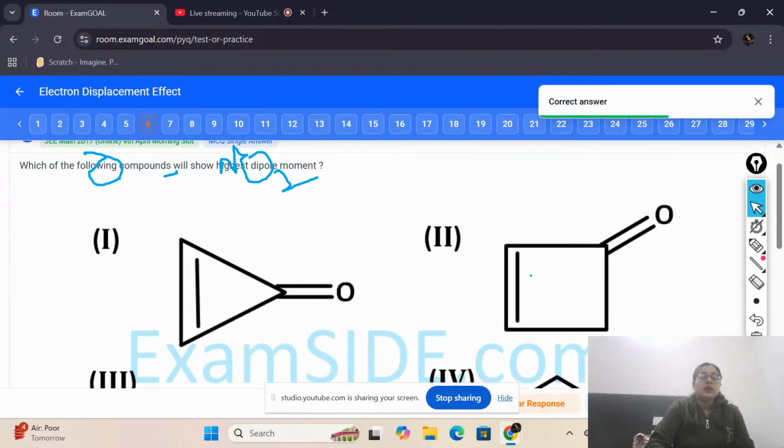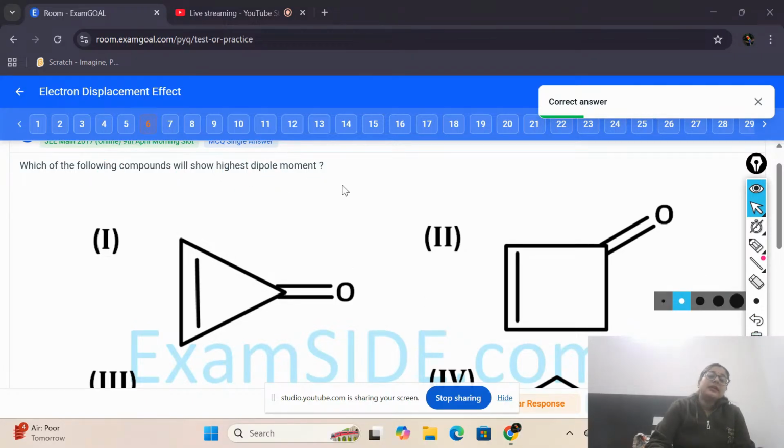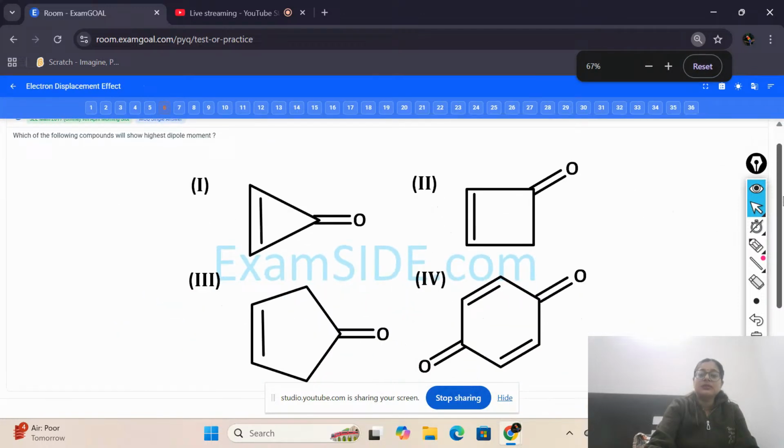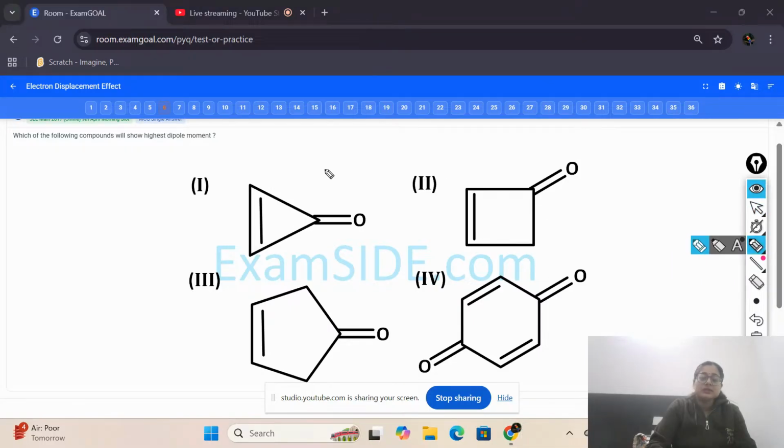Coming to the next: which of the following shows the highest dipole moment? The highest dipole moment among these four will be shown by which of these? Let me take the pen first.